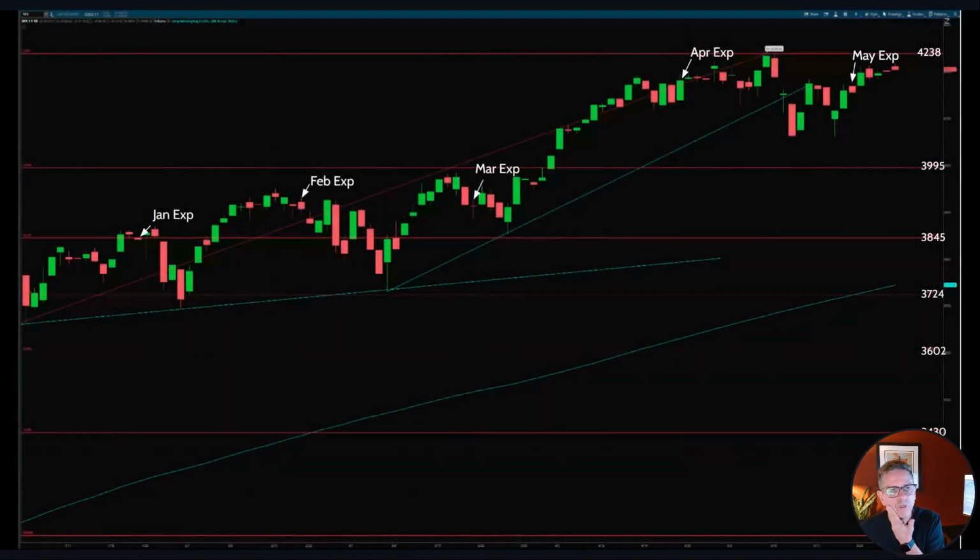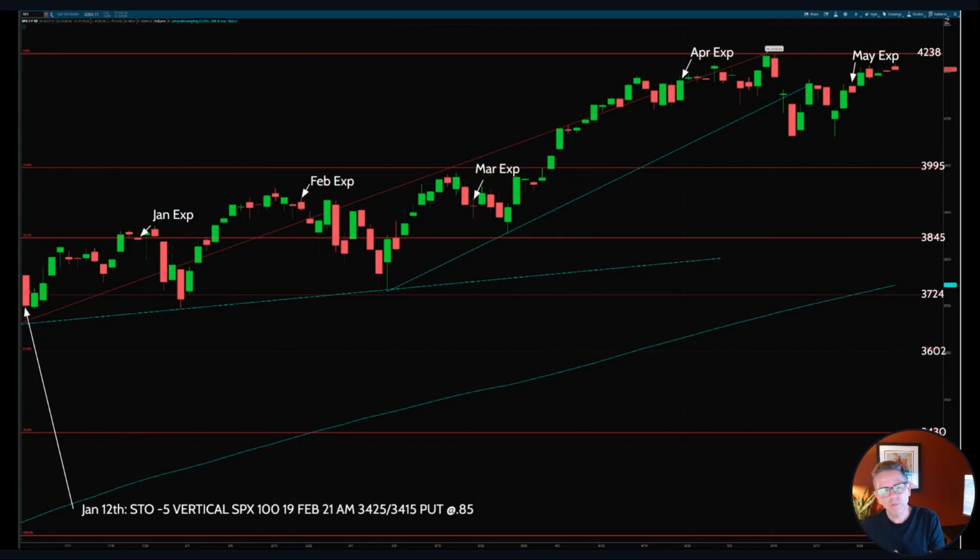All right, so here is a quick example of how these trades work, the monthly trades. So the distance on these monthly trades are pretty large. Okay, and so it's kind of a great trade for someone that has a career.